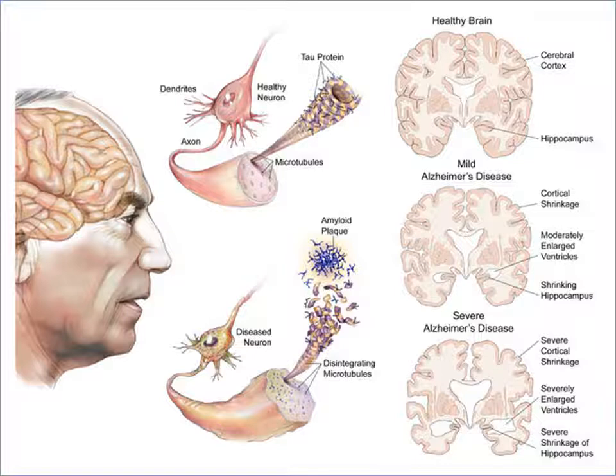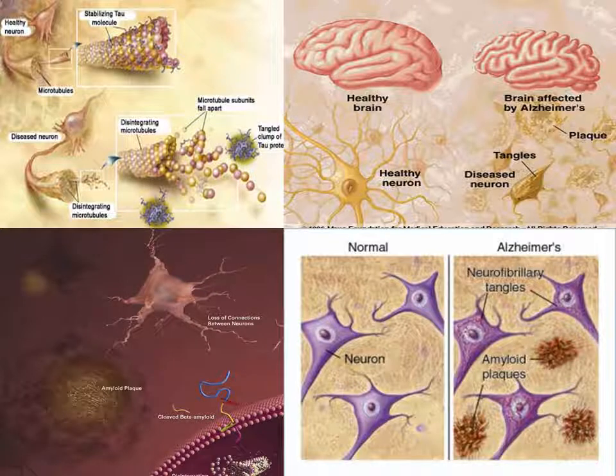This shows the microtubules and how they are disrupted in Alzheimer's disease, leading to the gross pathological picture: cortical shrinkage, enlarged ventricles, and shrinking of the hippocampus. Also, an image showing the pathological features of Alzheimer's disease, where there is deposition of neurofibrillary tangles and amyloid plaques.